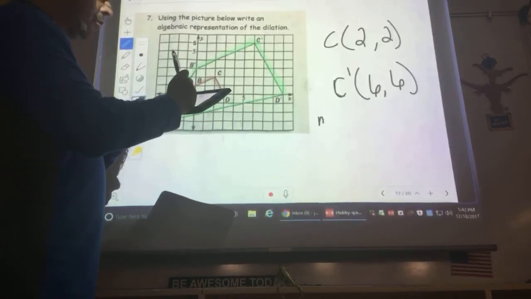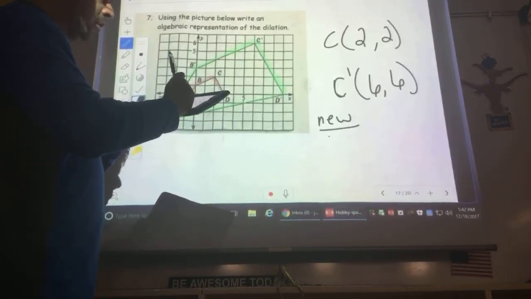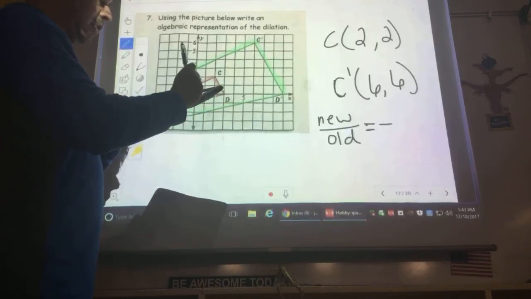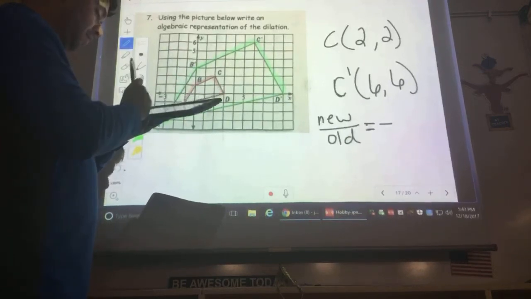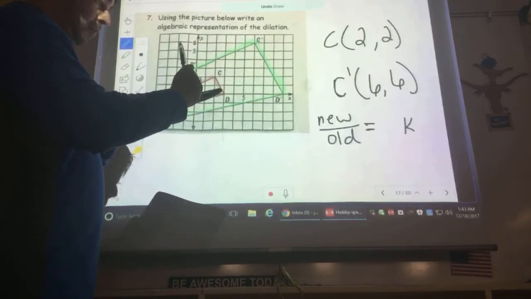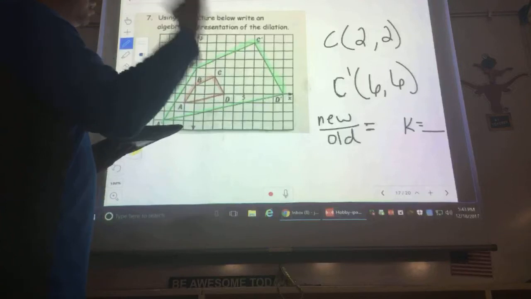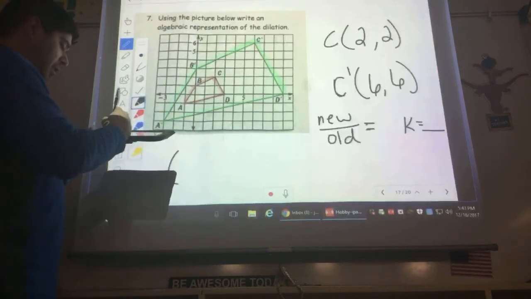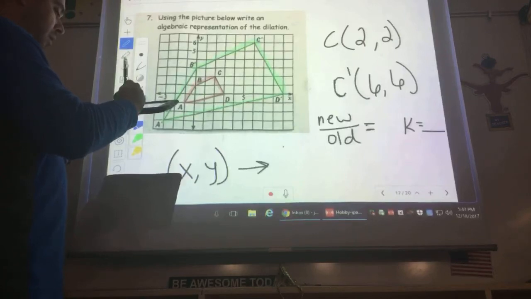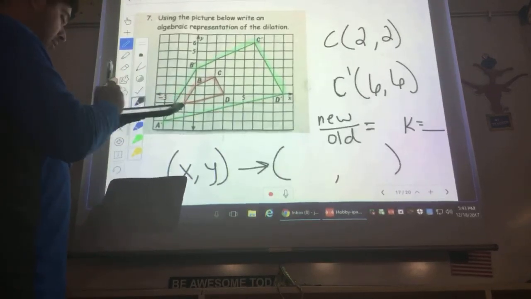All right, do new over old. That's going to give you your scale factor, which is what we need to write the algebraic representation. X, comma, Y, and then you can write the rest.